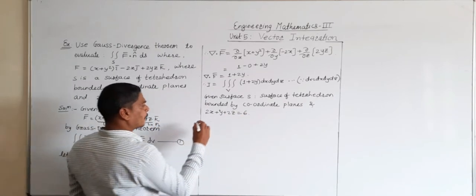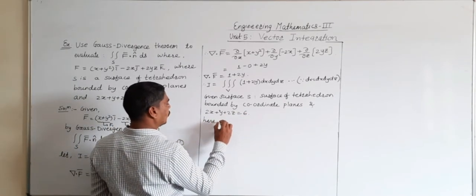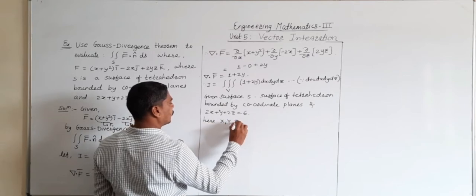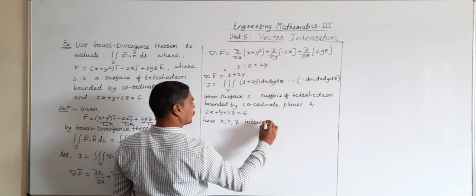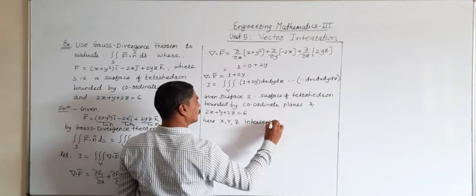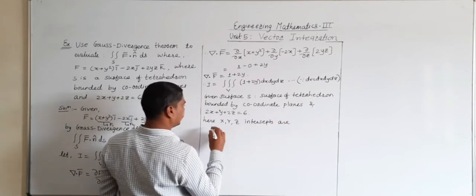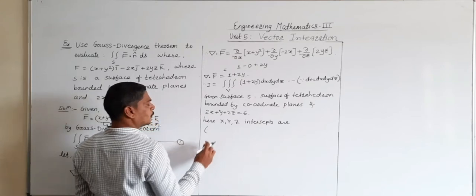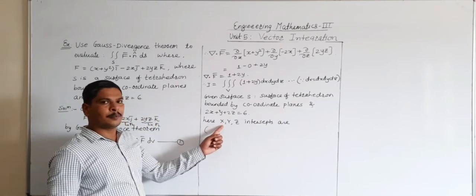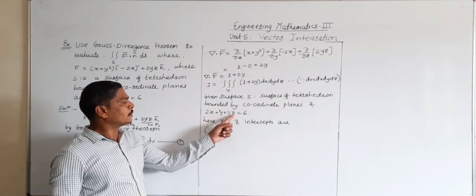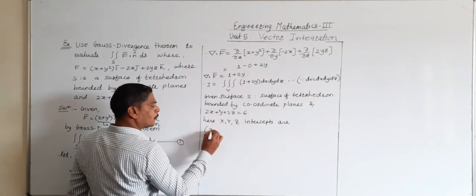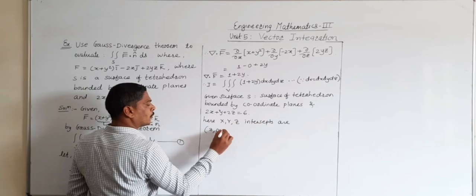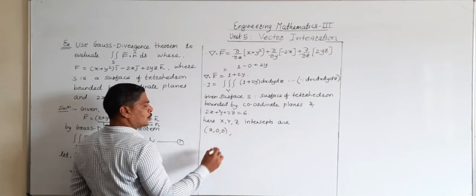So here the x, y, z intercepts are: for finding the x intercept, put y and z equal to 0 in this equation. We get 2x is equal to 6, that means x is equal to 3, y and z are 0, 0.